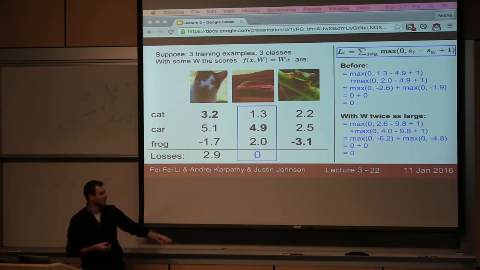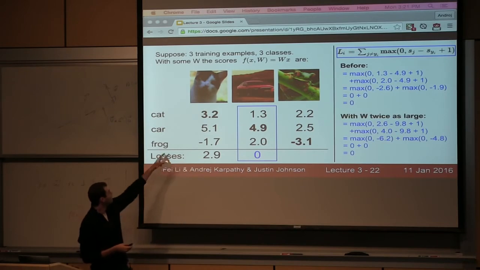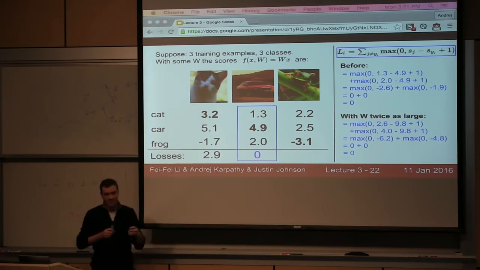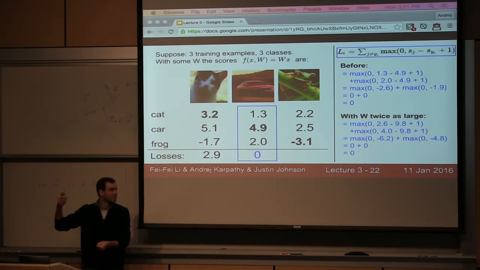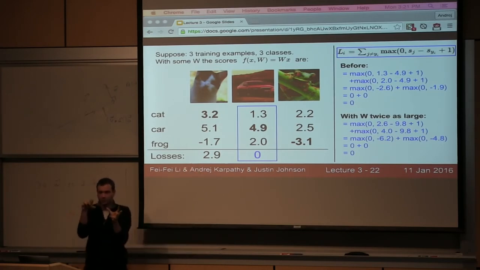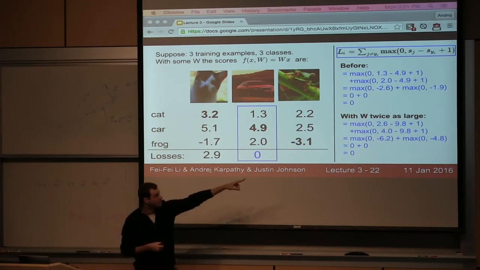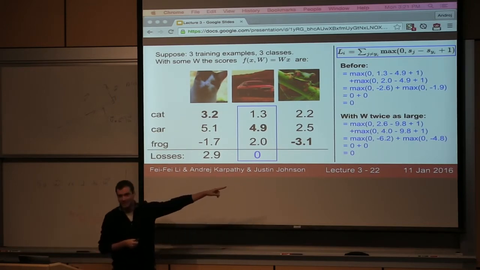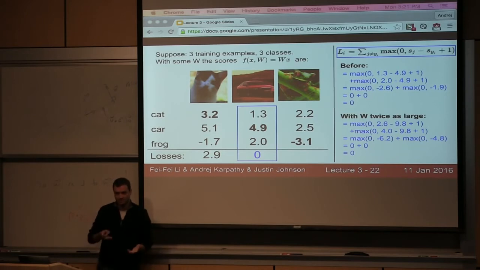This is very simple math going on here, but basically I would be inflating all my scores by 2 times, and so their differences would also become larger. So if all your score differences inside the max of 0 were already negative, then they're just going to become more and more negative. And so you end up with larger and larger negative values inside the maxes, and this just becomes 0 all the time, right?